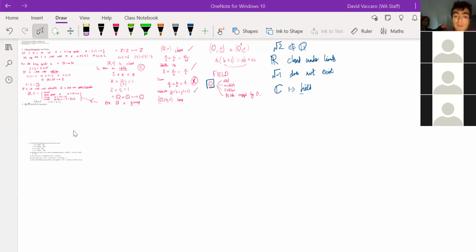And that is that if I write down any polynomial, then the roots are always complex, always in C.